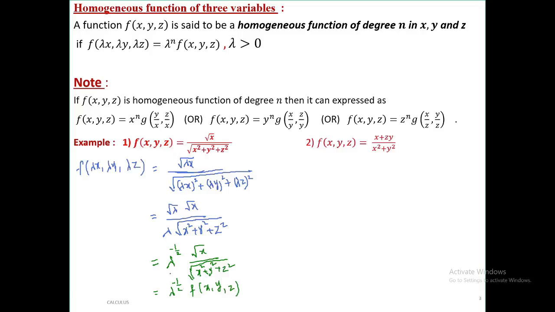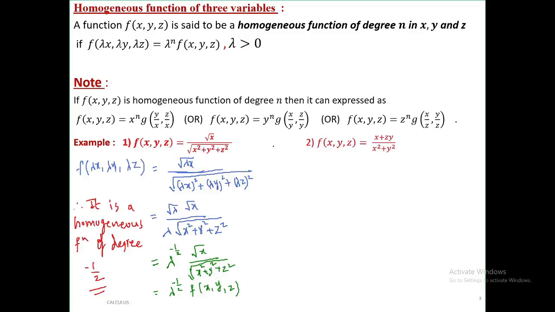Therefore it is a homogeneous function of degree minus 1 by 2.